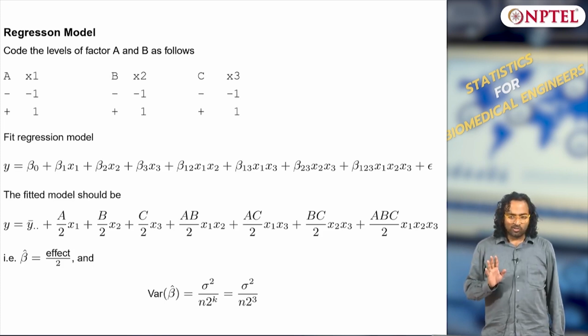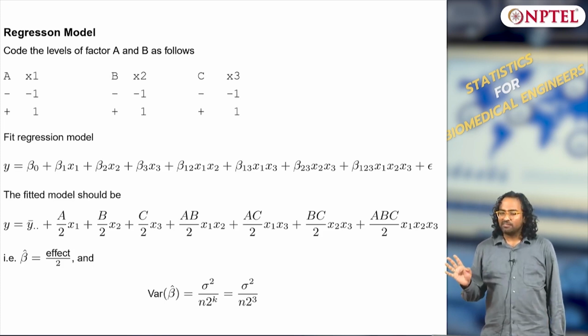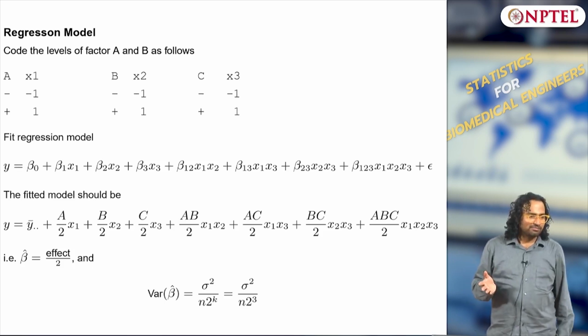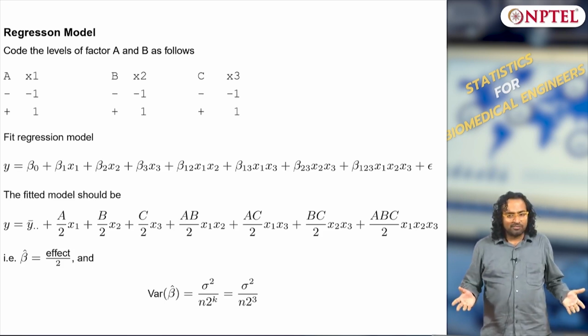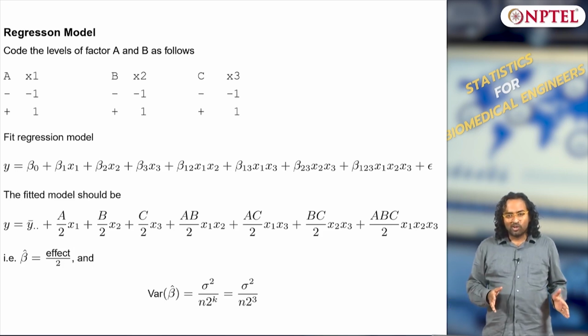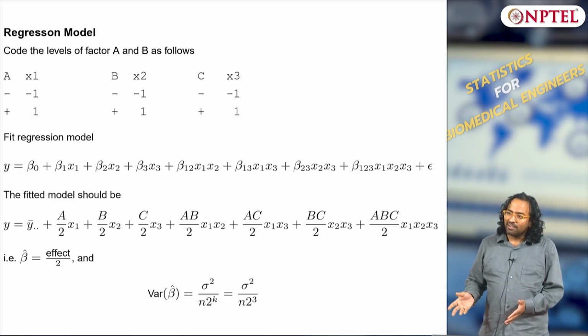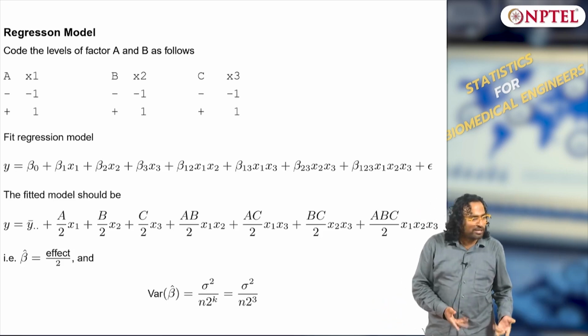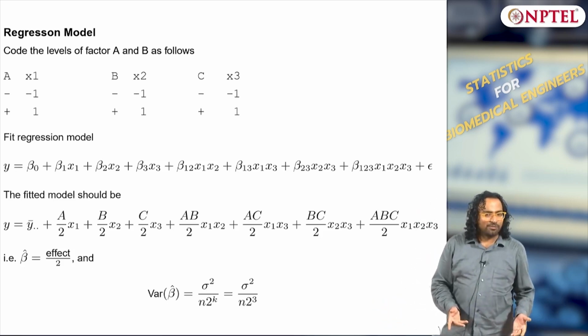So now you should understand how many data points are there, 8 data points are there, how many parameters are you estimating? 8 coefficients, which is the most stupid thing to do without replication. You have 8 data points and you are estimating 8 parameters, and that is the reason why the sum square error has no degrees of freedom.